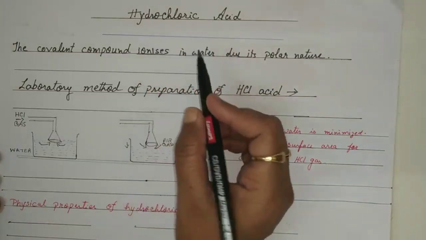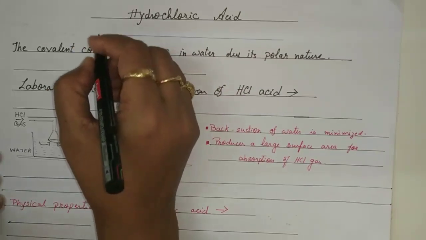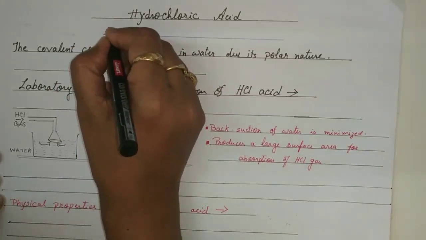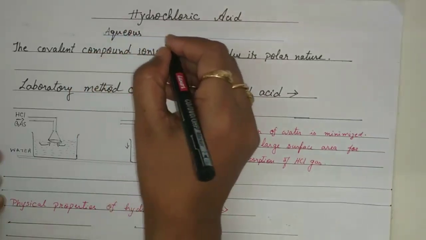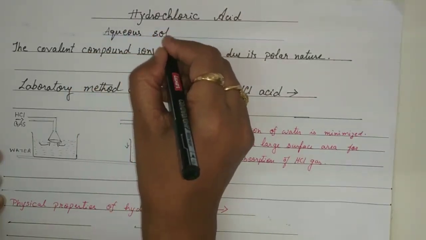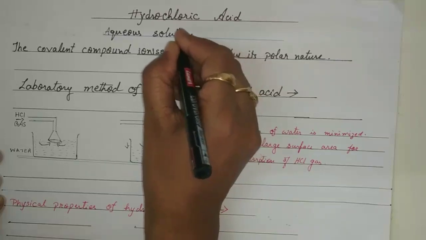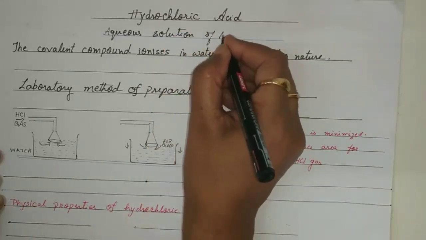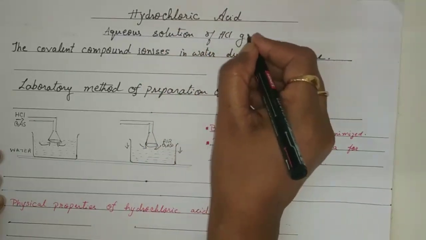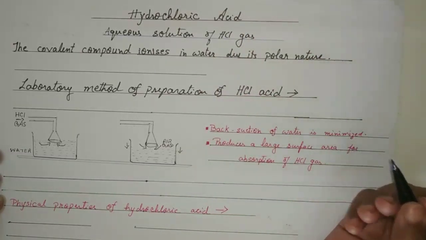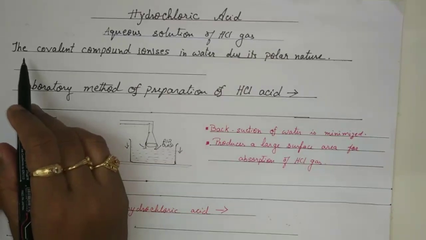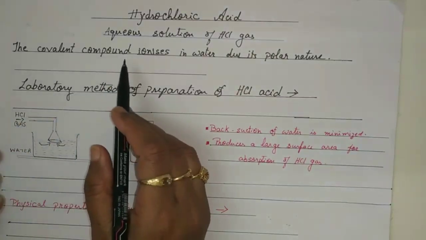So hydrochloric acid is the aqueous solution of HCl gas. This is the covalent compound, the HCl gas.